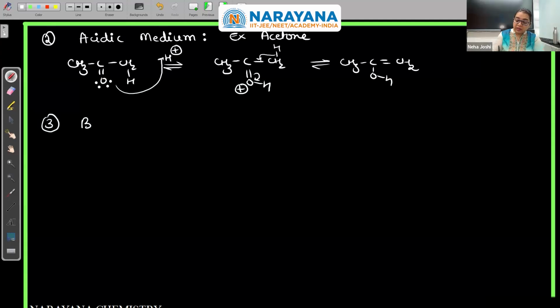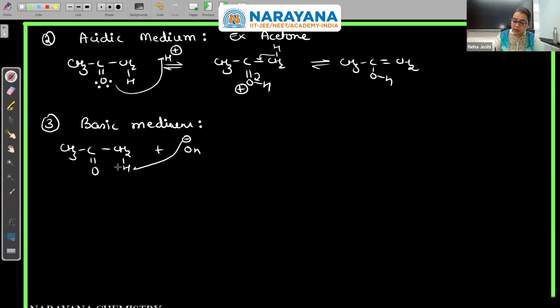Whereas if I talk of basic medium catalysis, again I'll take acetone only, then it goes through OH minus attacking like this, CH3CO CH2 minus. And again, it can take resonance, CH3CO minus double bond CH2.